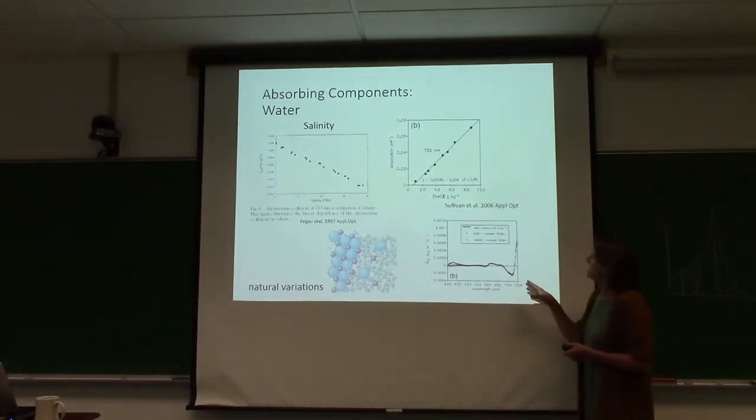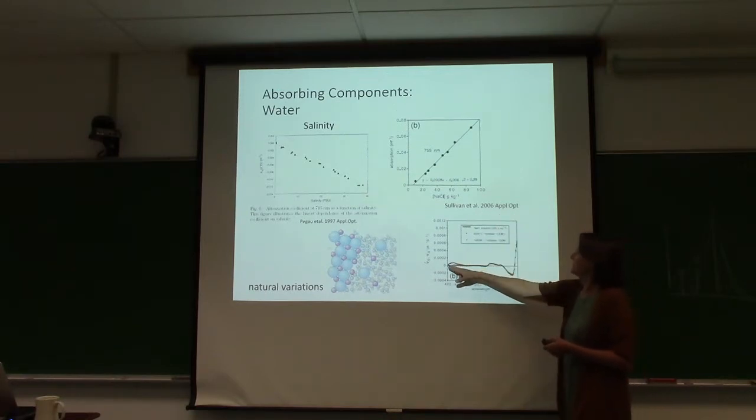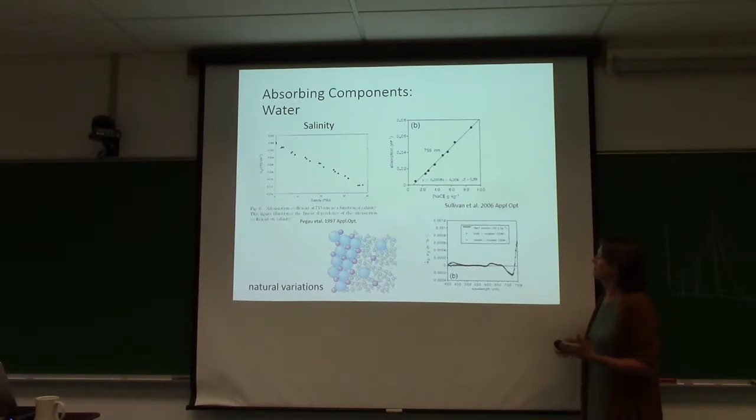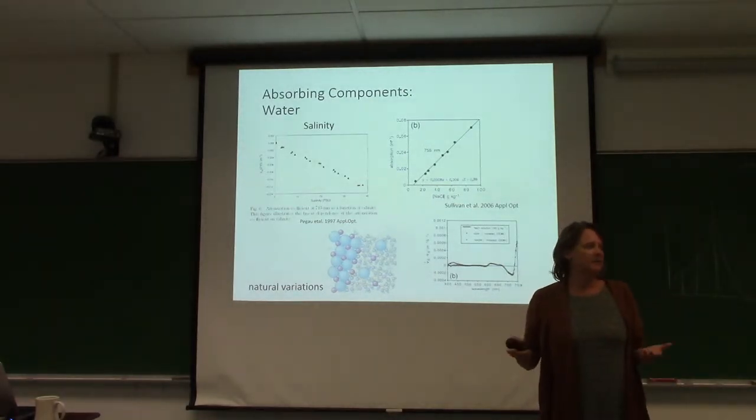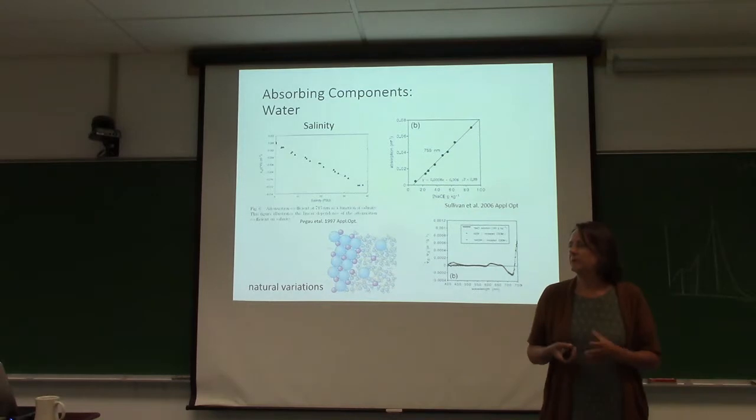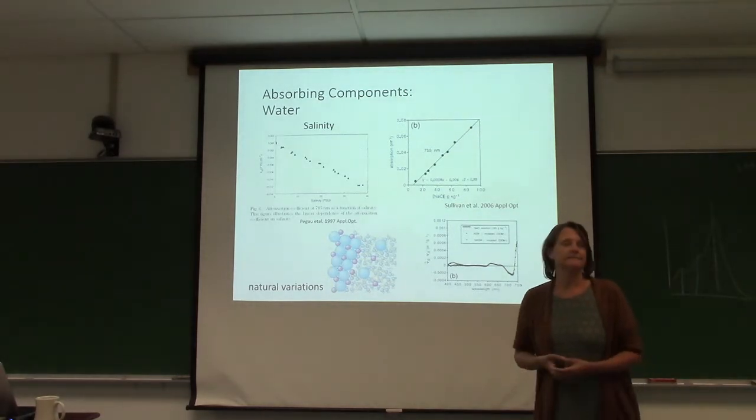And so you will make use of these correction factors which give you a spectral dependence of absorption based upon the salinity of your water. So if you're measuring in a lake versus measuring in the ocean, you have to think differently about how you're correcting absorption, because absorption by pure water isn't constant.